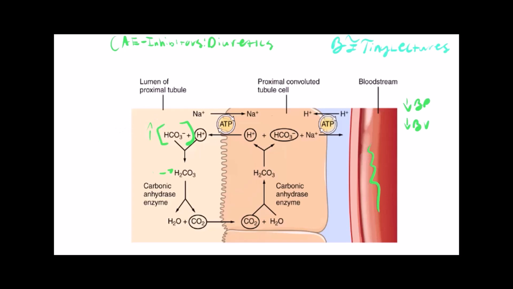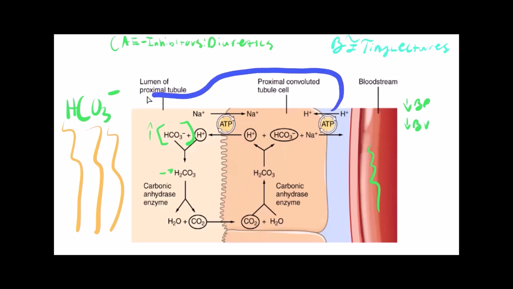So on this side, right here, we have filtrate being formed. Since there's an increase in bicarbonate, the bicarbonate is going to move into the filtrate. So we have a lot of bicarbonate. Since the concentration of bicarbonate is increased, the water is going to say, hey, I like an area with high solute, so I'm going to move into this section.